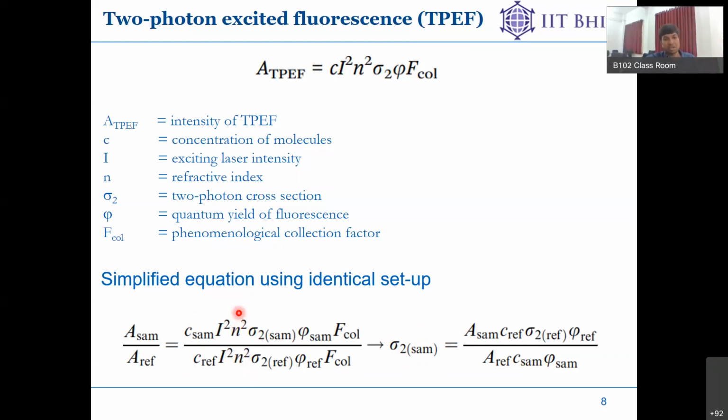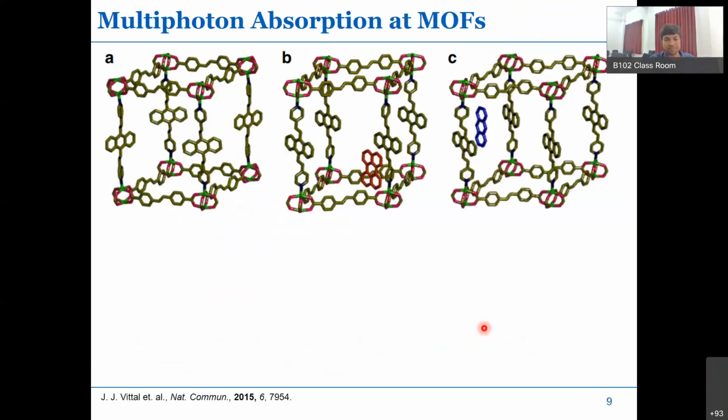We expect the refractive index is the same, and since we are using the same setup, we can use the same collection factor. So all these are going to cancel out, and we can easily calculate the sigma 2 of the sample by using this comparison method. This is a typical methodology used for the calculation of 2-photon excited fluorescence.